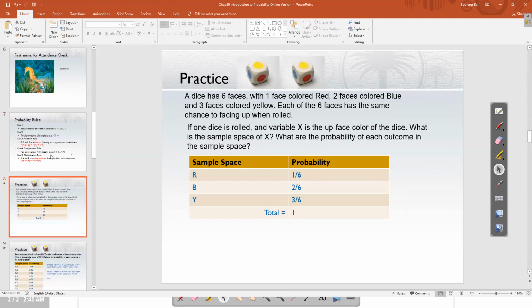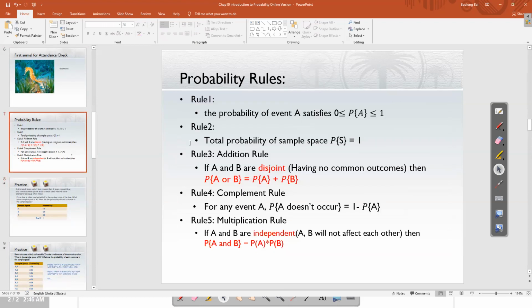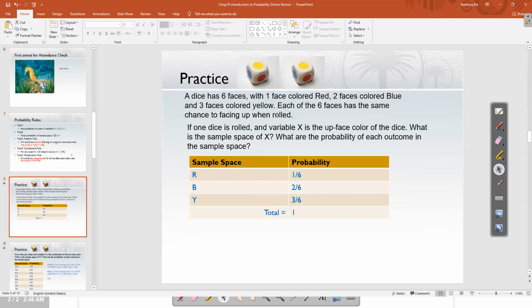Right, so now we're going to practice using some of the probability rules to find probabilities of some complex events or common events, right? So suppose we have a die. A die has 6 faces, but we don't have numbers on the die anymore.